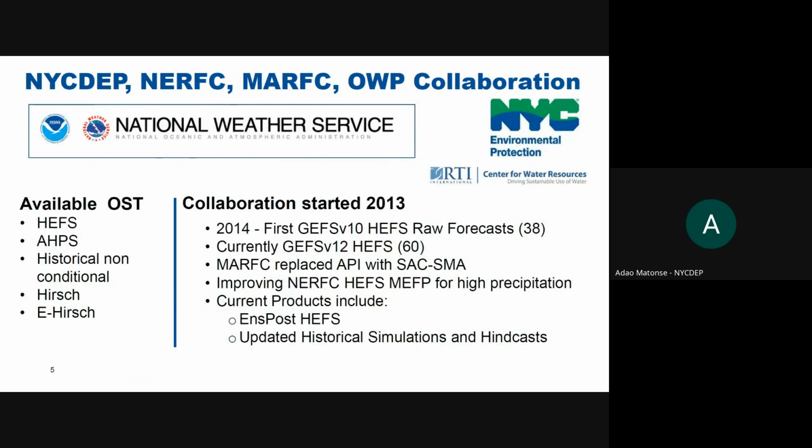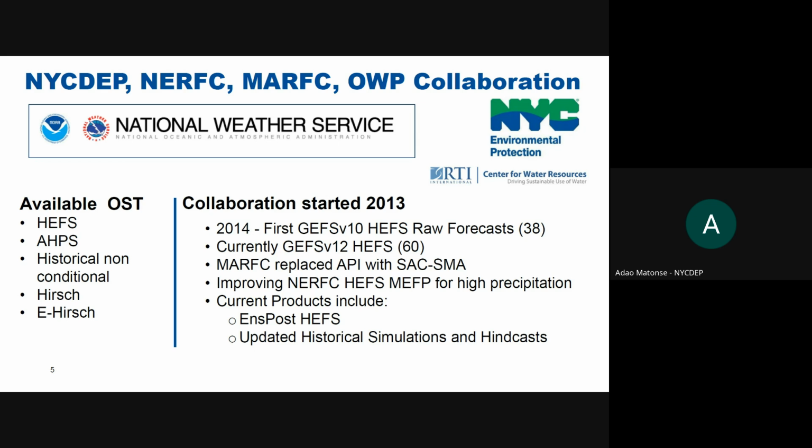Next slide. Our collaboration with the National Weather Service goes back to 2013, when the New York City DEP asked NWS to develop the first ensemble forecasts for use in OST, which was at the time under development. The first product was delivered in 2014: GFS 10, HEFS, just the raw forecast, using 38 traces.